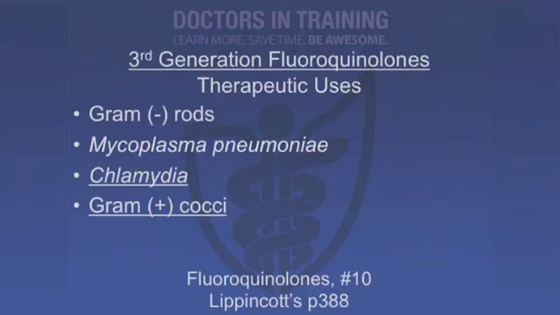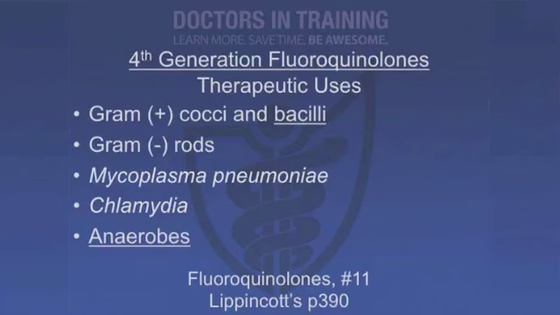So not only do you cover your gram-negative rods, your Mycoplasma pneumoniae and chlamydia, but you're covering gram-positive cocci. So think of respiratory bugs, things that are found in the respiratory tract, your strep pneumo. And we'll talk about clinical applications of these drugs in a little bit as well.